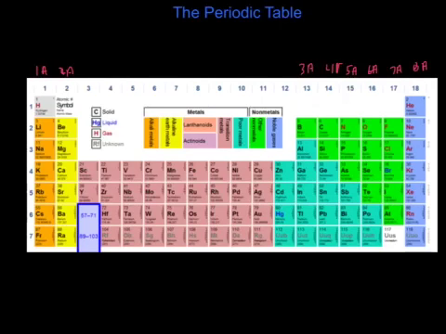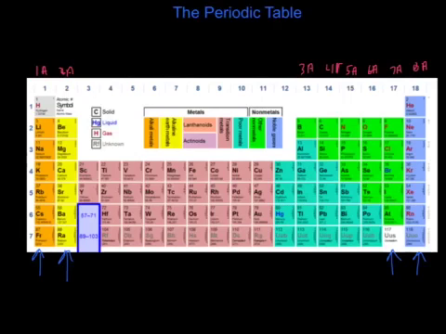We also, on our groups, have the alkali metals, the alkaline earth metals. We come over here, we have the noble gases, and 7A is the halogens.